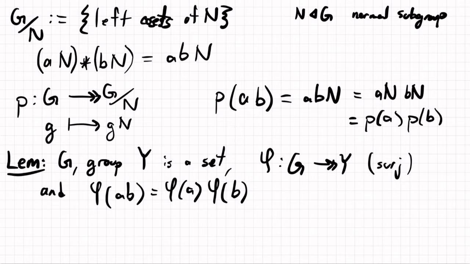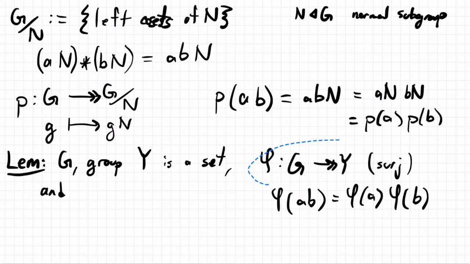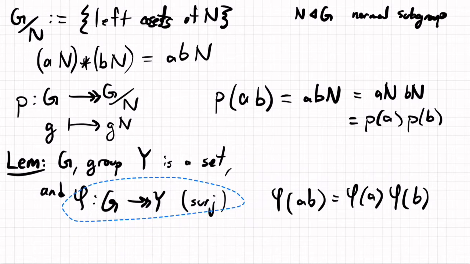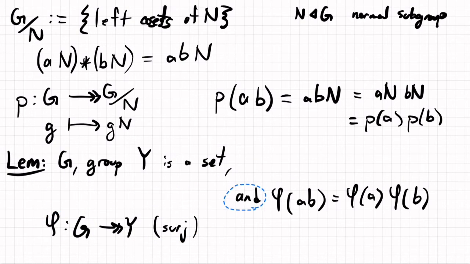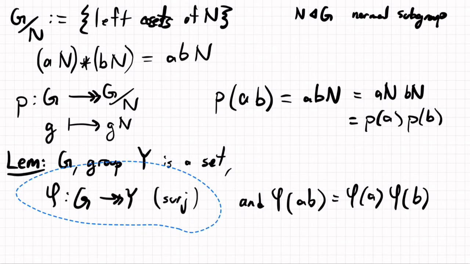Y is a set, but I need to say that Y is a set with a law of composition. Really, I've missed an assumption. So Y is a set with a law of composition.